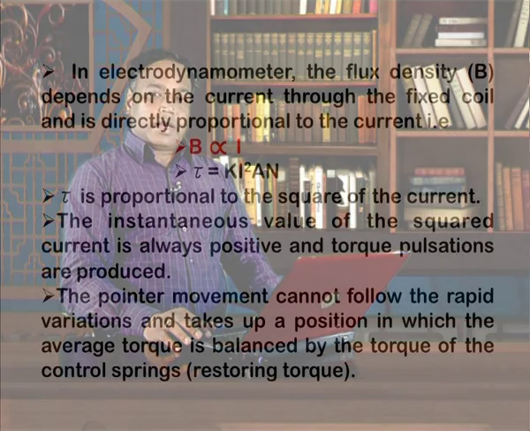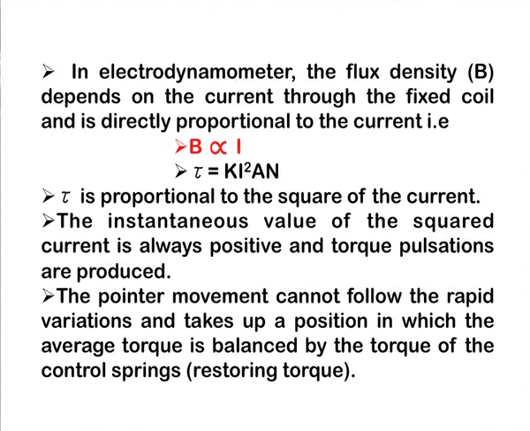So, the magnetic field B here is directly proportional to the current I. Now, if B is proportional to I, or B equal to K I, K being a constant, and the value of this B is fed into the original equation tau equal to B I A N, we find that tau is proportional to I square, A and N being constant values.